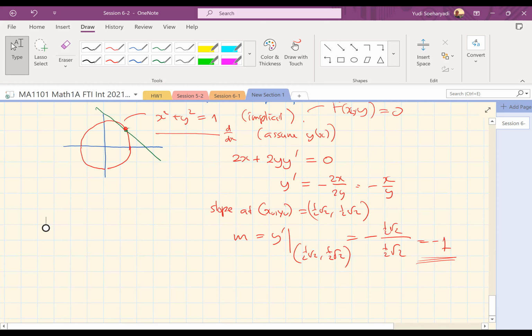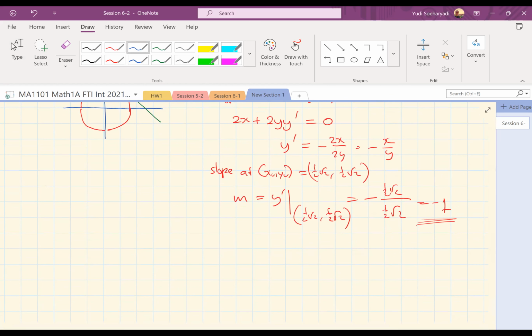Okay, so let's do some more example. Let's see now. Let's do one. Actually, we do the share screen.